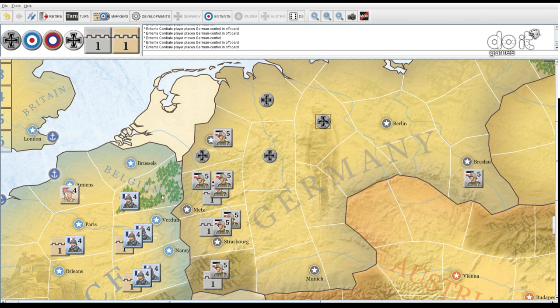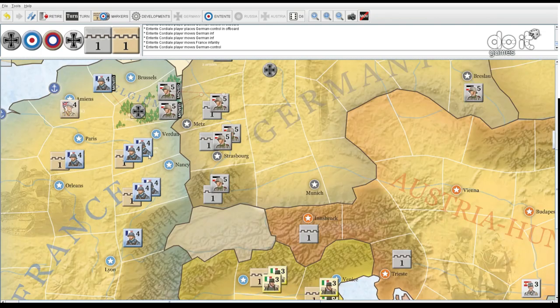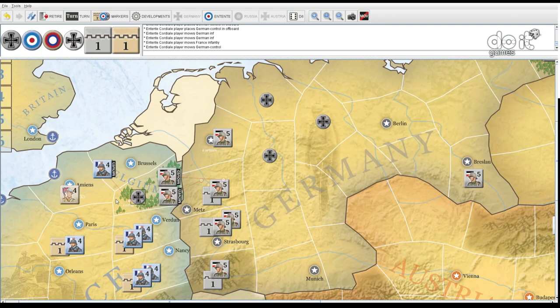But in case, for example, that the Germans control another area like this one, we must put one control marker just to indicate that this area in Italy belongs to France, but we have changed the control, and we indicate this fact with that control marker. I will explain later, but to control one area, you have to be alone, so only armies of one power.